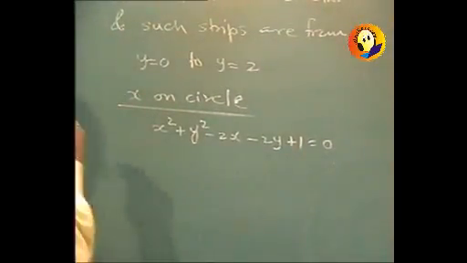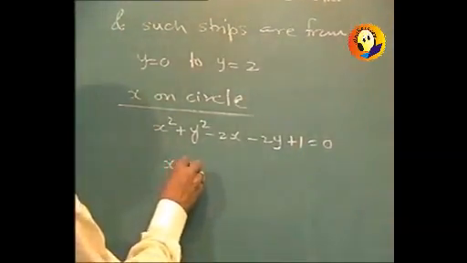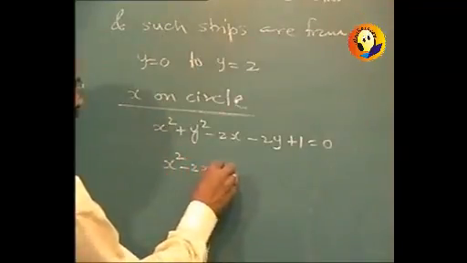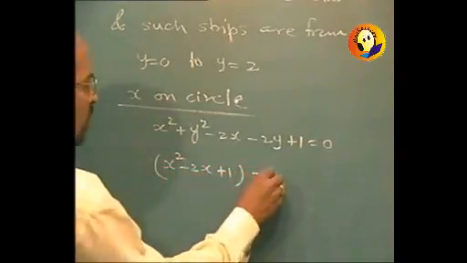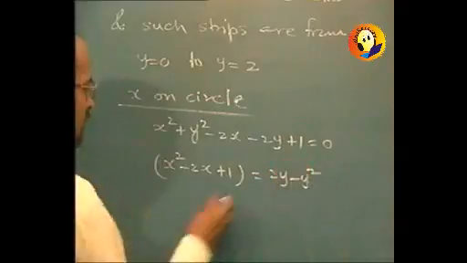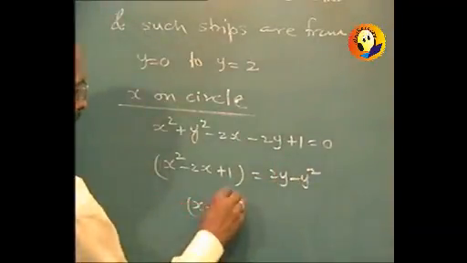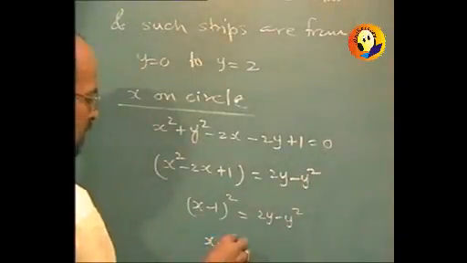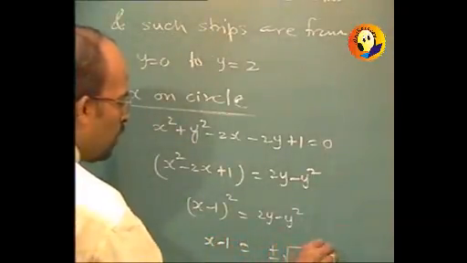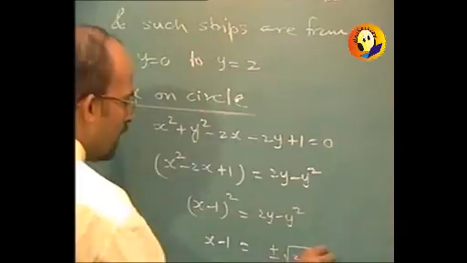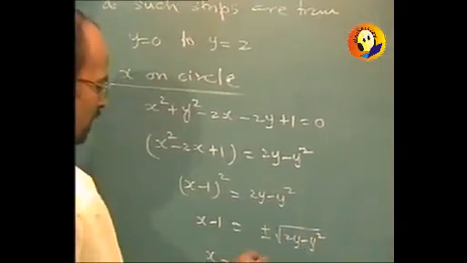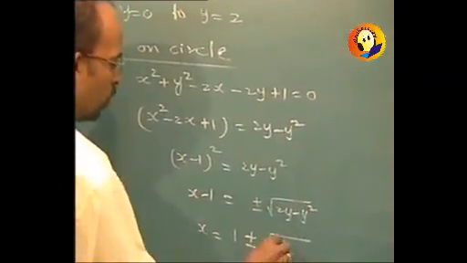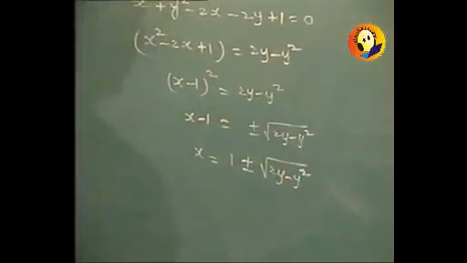From this, if we are required to calculate x, it will be x square minus 2x plus 1 is equal to 2y minus y square, that is (x minus 1) whole square equal to 2y minus y square, or x minus 1 equal to plus or minus under root 2y minus y square, and x is equal to 1 plus or minus under root 2y minus y square.